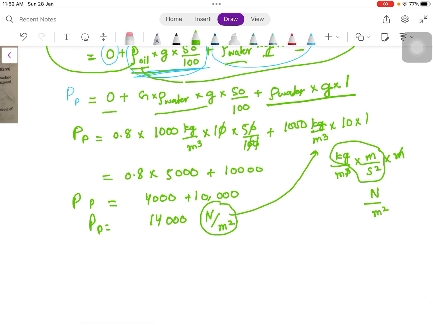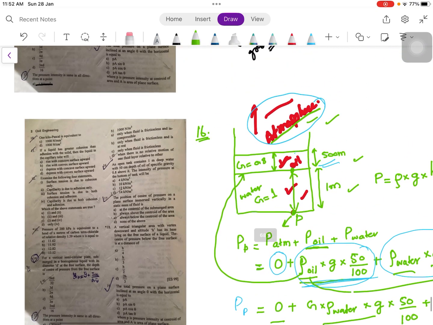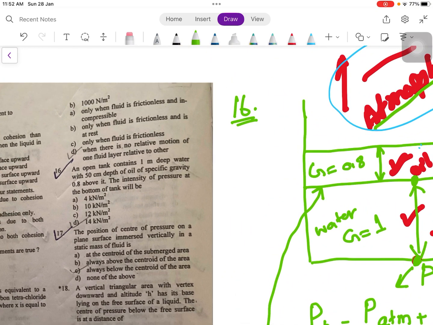So that's how we have the unit of this pressure as the Newton per meter square, and this equals 14 kilonewtons per square meter. All right, so let us go back to the options in this question. So we have the intensity of pressure at the bottom of tank will be 14 kilonewton per meter square. So the option D is the right option.